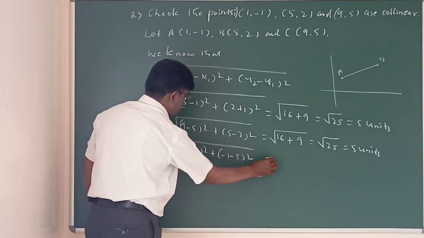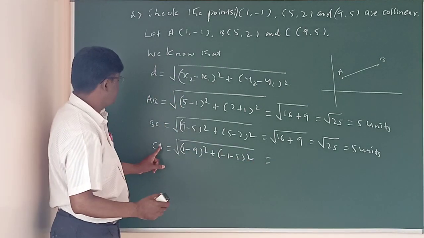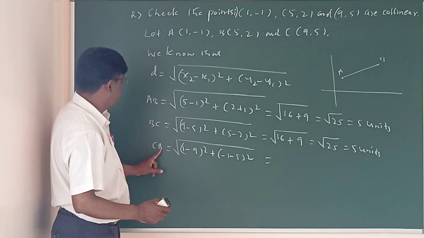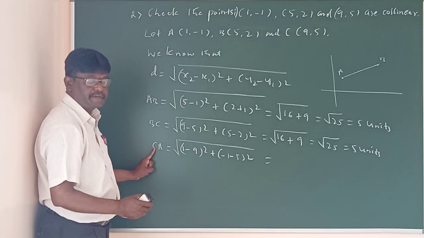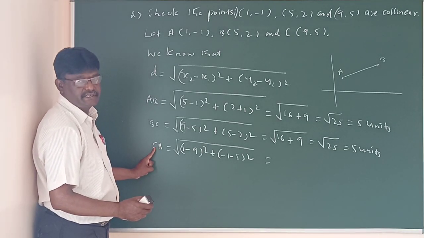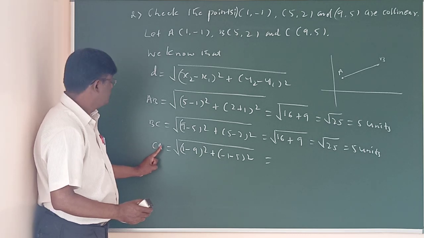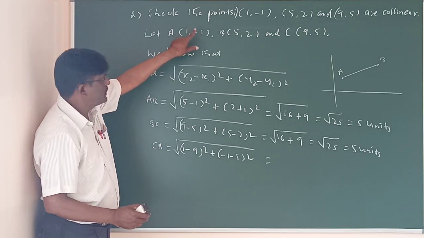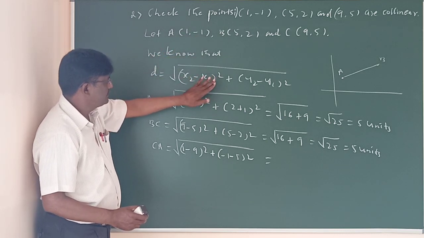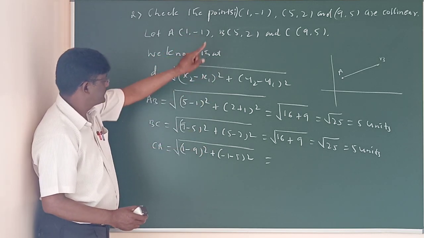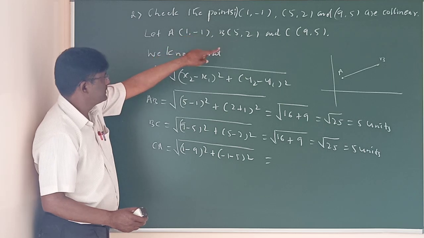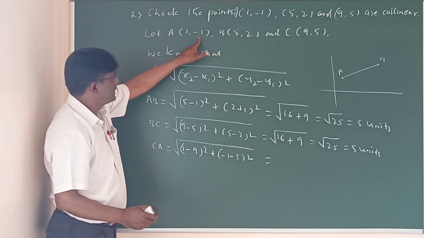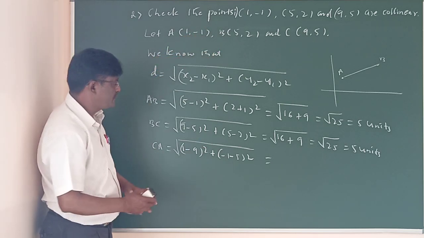Got it? Once again, coordinates of C are considered as x1, y1 and coordinates of A are considered as x2, y2. Applying the formula, we get 1 minus 9, x2 minus x1, and minus 1 minus 5, y2 minus y1.